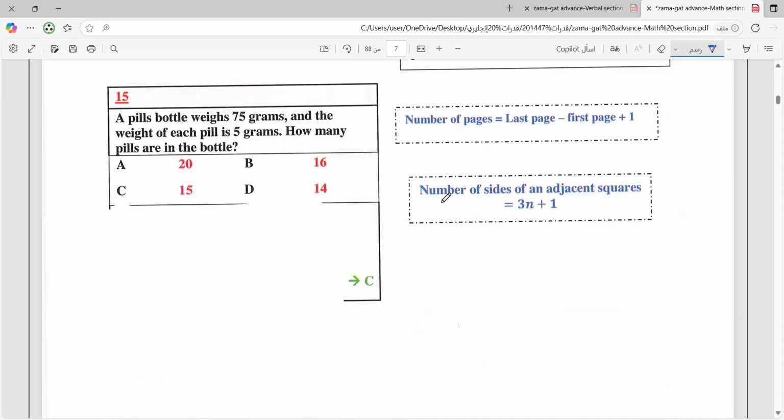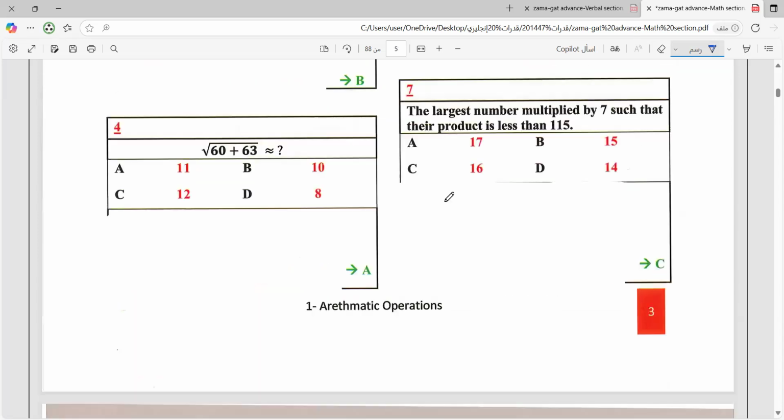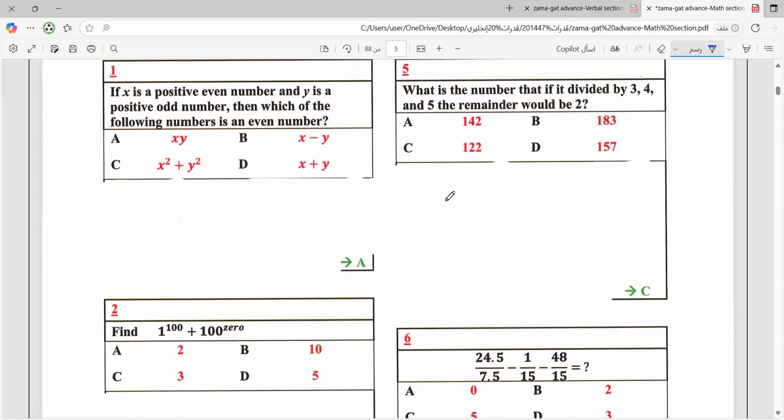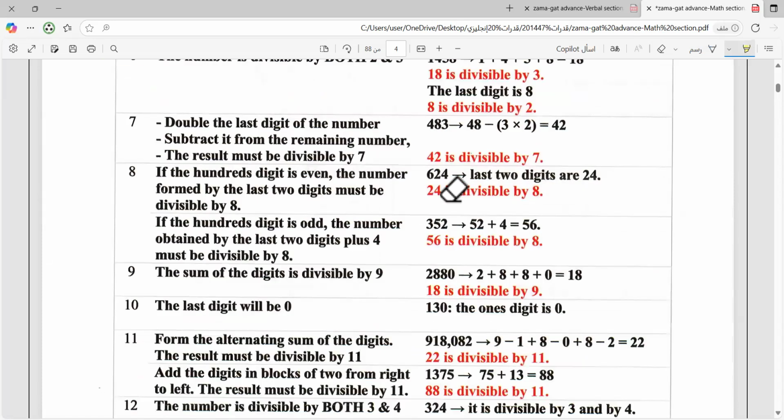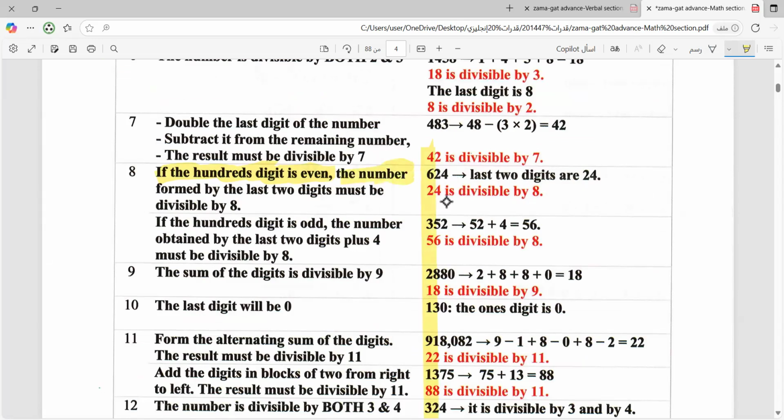We will review the rule for 8 here. If the hundreds digit is even, like 6, the number formed by the last 2 digits must be divisible by 8.